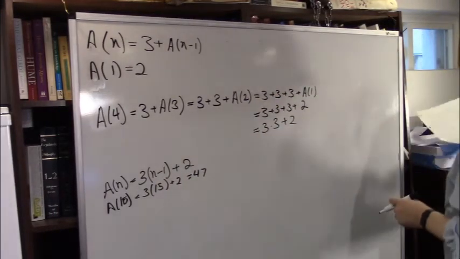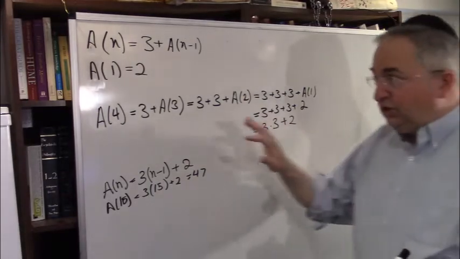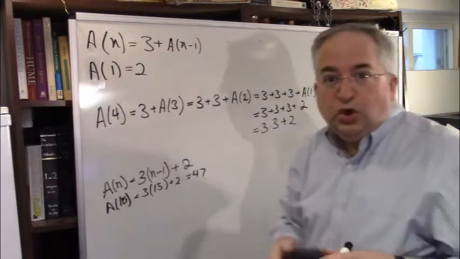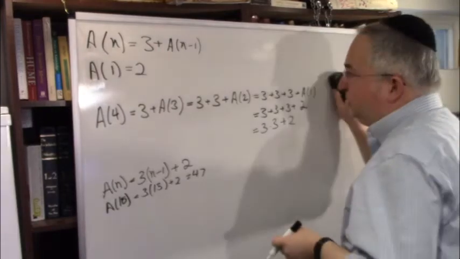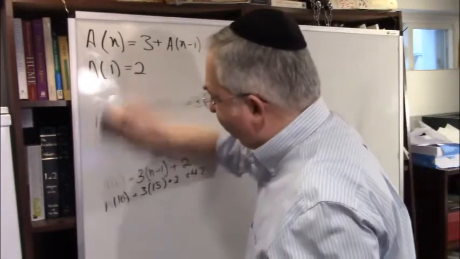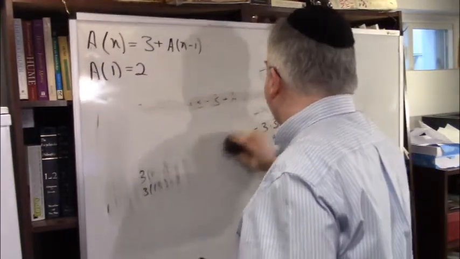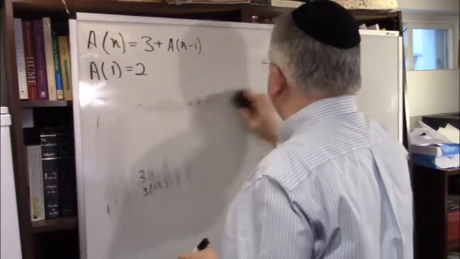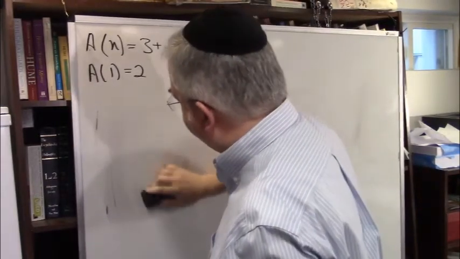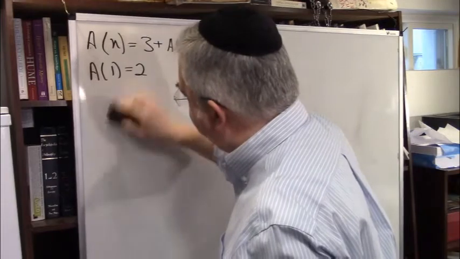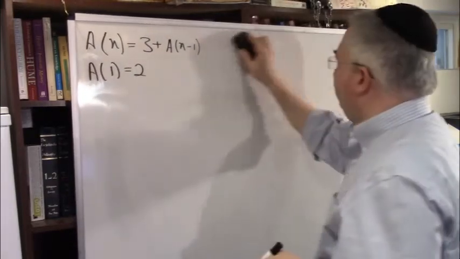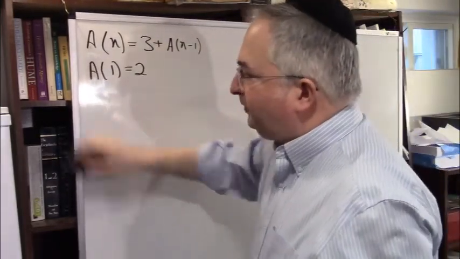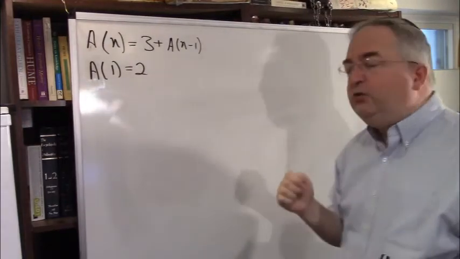But what I really want to do is not just solve it, but show you how it's solved using trees. So let's do it with trees. Again, what we do is we make a sequence of trees.